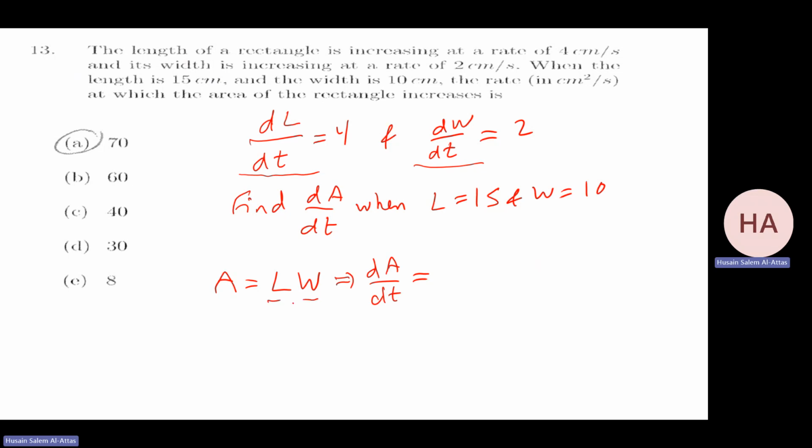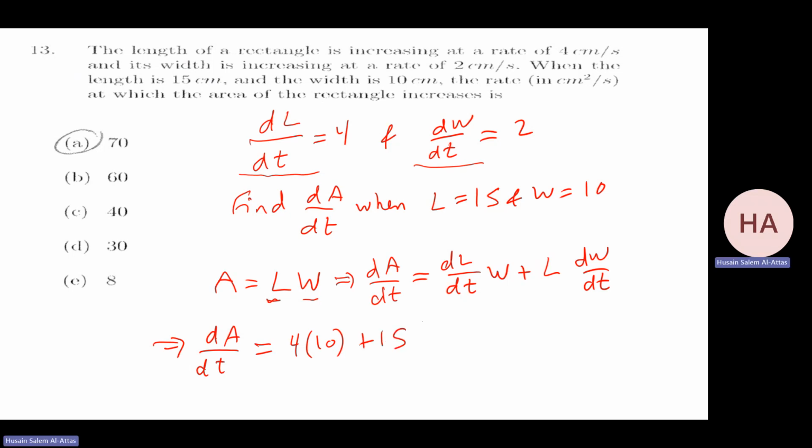Now it's a product of two functions: derivative of the first, dL by dt times W, plus the first times the derivative of the second, dW over dt. Now do the calculation. What is dL by dt? 4. What is W? 10. What is L? 15. What is dW by dt? 2. That will be 40 plus 30, that is 70, which is this.